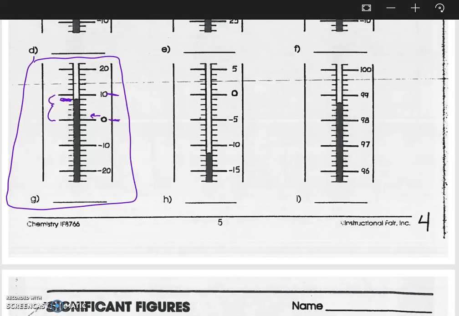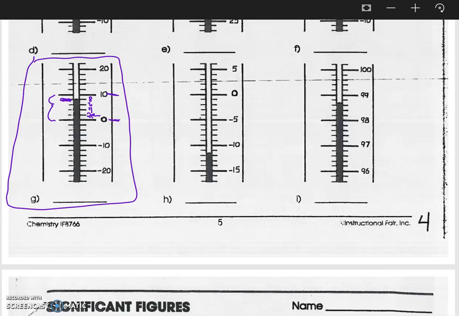If we know there's 1, 2, 3, 4, 5 marks between 0 and 10, we know these lines must be representing 2's. So for example, this must be 2, 4, 6, 8, and then that top one that's labeled 10 is representing 10.